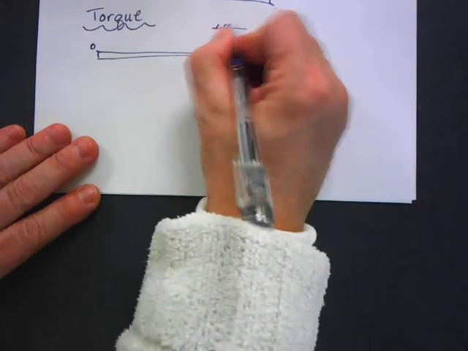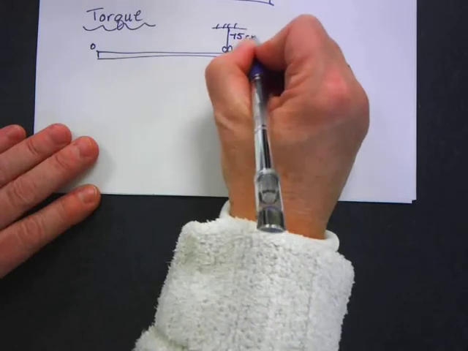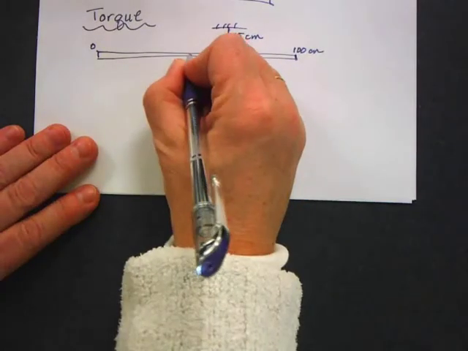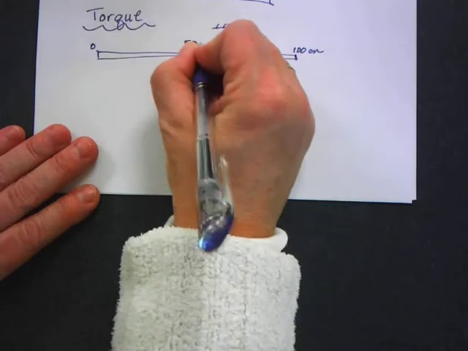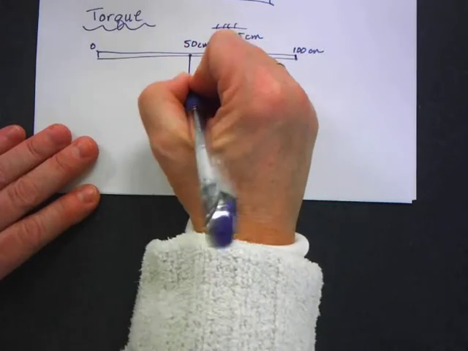All right. So this is a meter stick, 0 and 100. And we're going to hang it from the ceiling at the 75 centimeter mark. And the center of gravity of the meter stick is at 50.